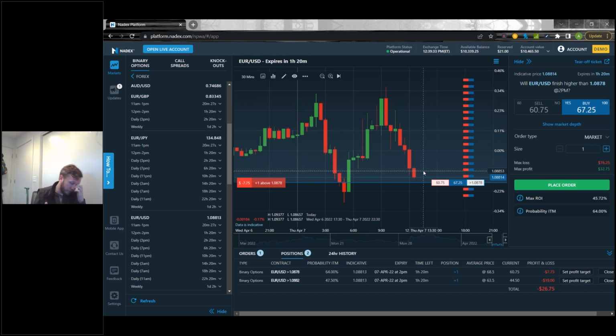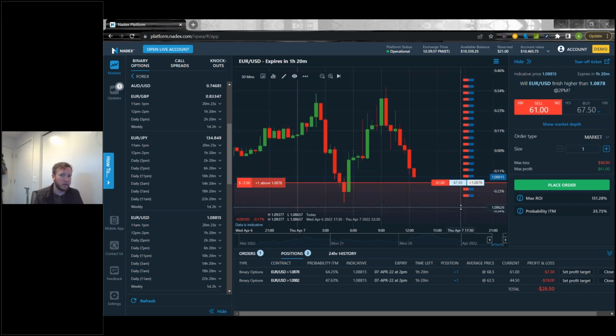On the sell side, it's the inverse. It's a little more confusing because if I get into this contract, I won't pay $61. I'm actually paying $39, because it's 100 minus what you see. But the end-all be-all of binary options is, if you hold it to expiration and you are correct, if you bought and it's above the price, or if you sold and it's below or equal to the strike price, you're going to get a $100 payout.